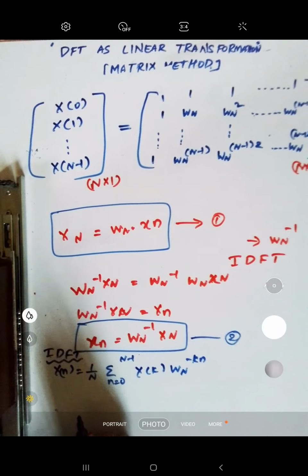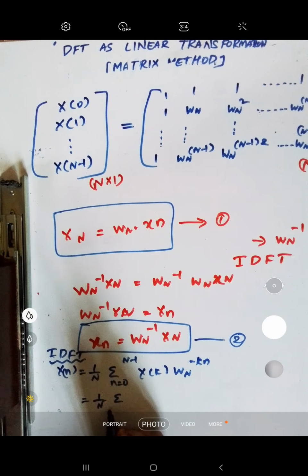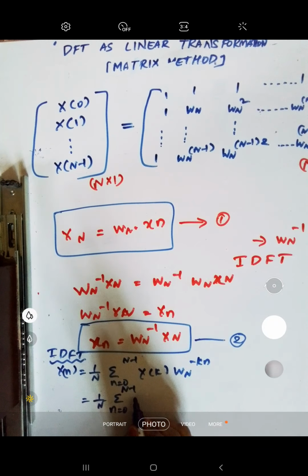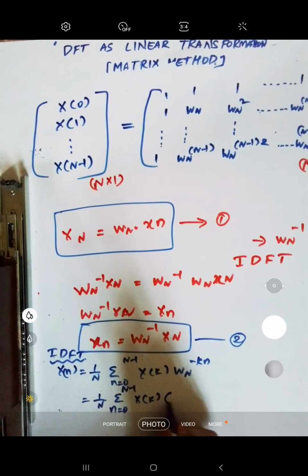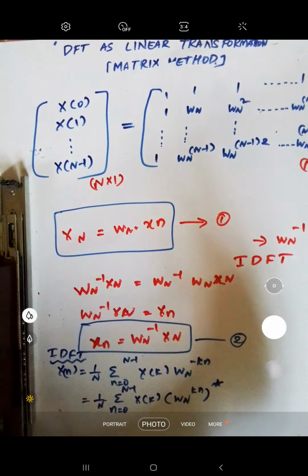This is the inverse discrete Fourier transform. That is 1 by N summation of X of k times W_N to the power of kn, star.